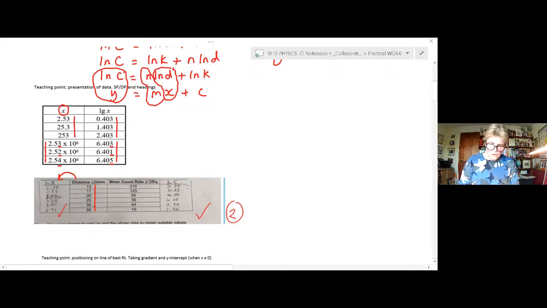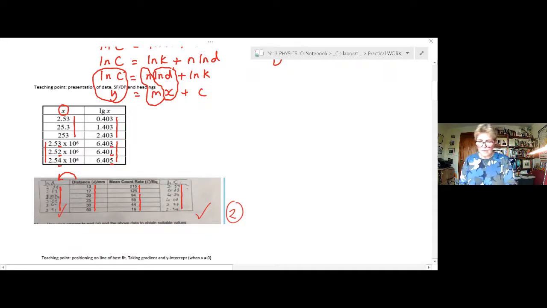Okay, so there's two significant figures here, and all of these have been quoted to 2 decimal places. So that's consistent. And I've noticed that WJC will allow this, even though this is 3 significant figures and this is only 2 decimal places. It's all tidy because the majority is 2 significant figures to give you 2 decimal places.